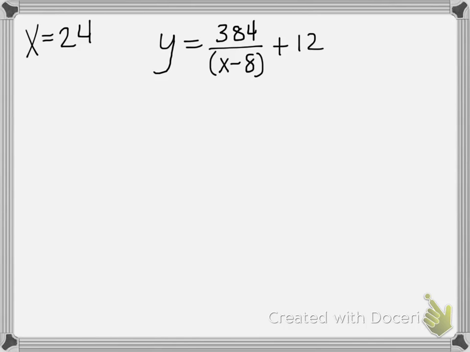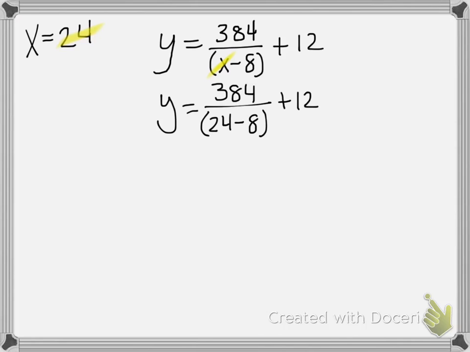So if we substitute in 24 for our x, we get that y is equal to 384 over 24 minus 8 plus 12, and that is going to be equal to 384 over 16 plus 12, and 16 will go into 384 24 times.